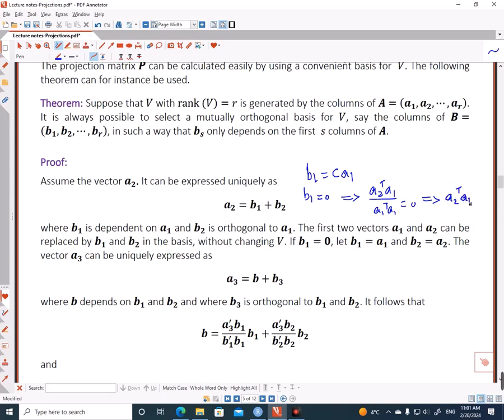From that we can conclude that a1 is orthogonal to a2, which is not correct, because we assume that these columns are not orthogonal to each other.